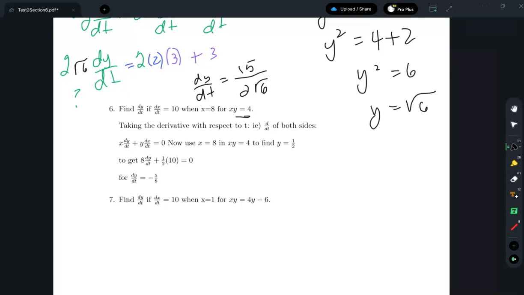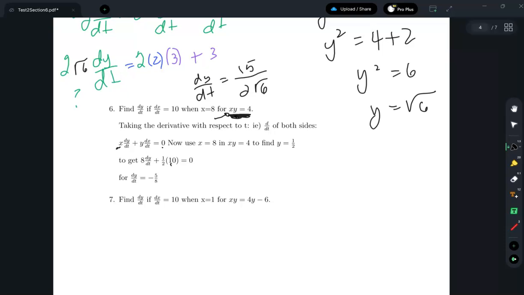Okay, let's look at this one. So here is my equation. If I take the derivative with respect to t on both sides, you see the product rule on the left-hand side, and you know the derivative of 4 is 0. So then if I plug the information in, if I plug in x equal 8 in here, and I put in the dx over dt is 10 here.